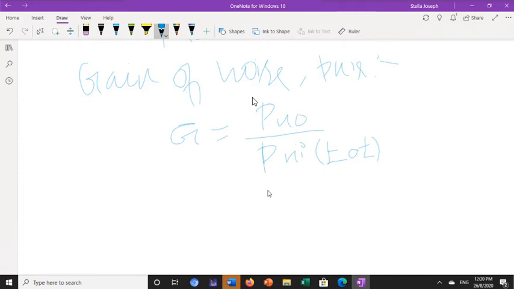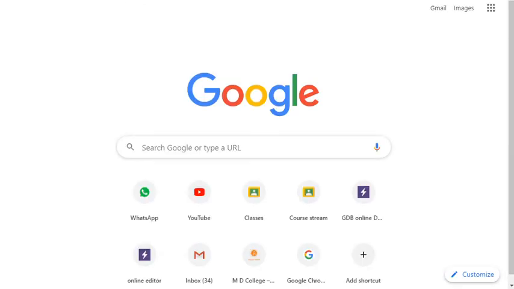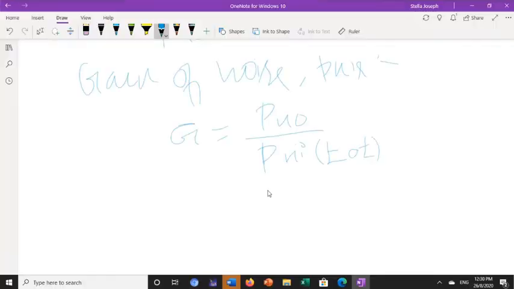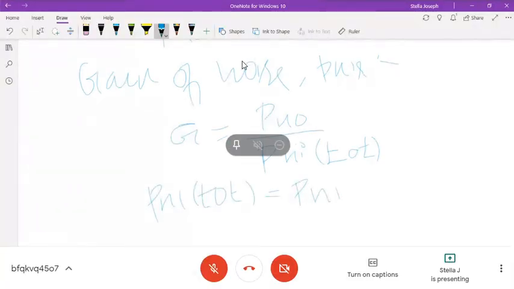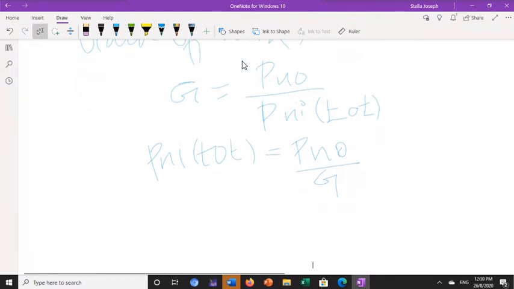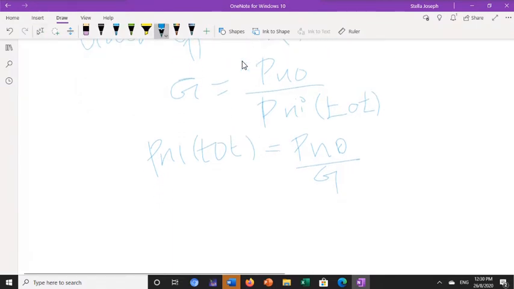So PNI total is equal to PNO divided by G. Now substitute the PNO value.